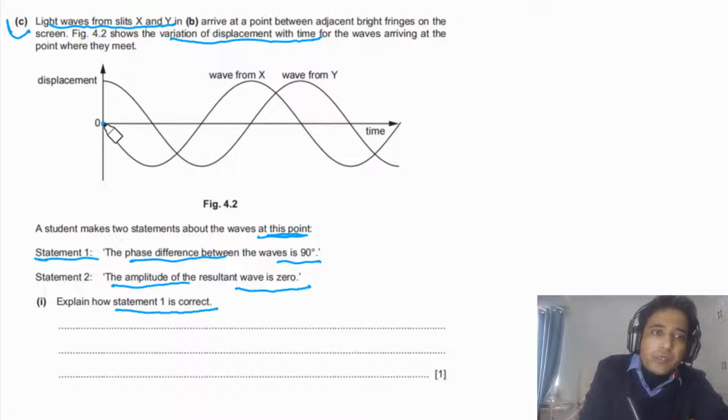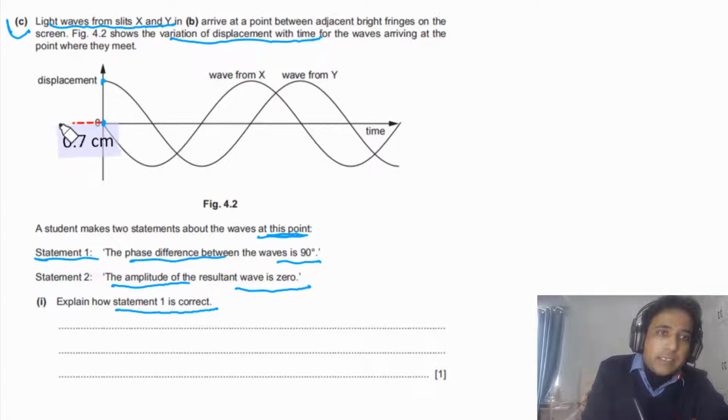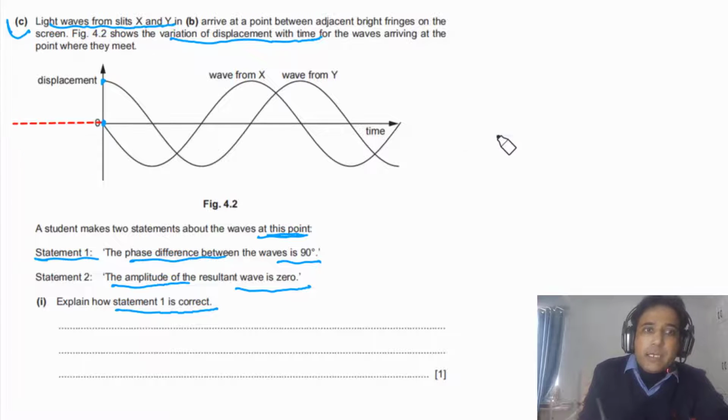If you look at this point, this wave has 0 displacement and this wave has maximum displacement. It means the phase difference between them is 90 degrees. But the better way to understand this one is we can extend this line, and we can draw these waves.